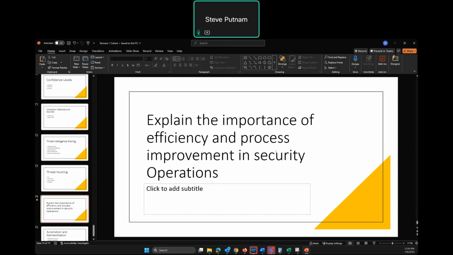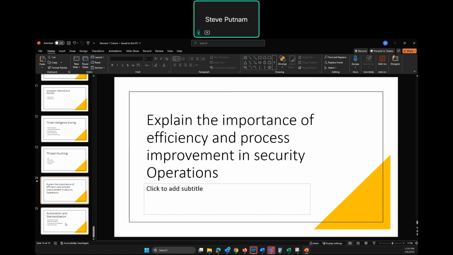When we explain the importance of efficiency and process improvement in security operations, these are the two things that always have to be worked on. You always want to be efficient so that you can quickly catch an attacker, and make sure your processes are in place for both threat hunting and threat intelligence, so that you can see improvement within your processes and procedures for the security operation as a whole.